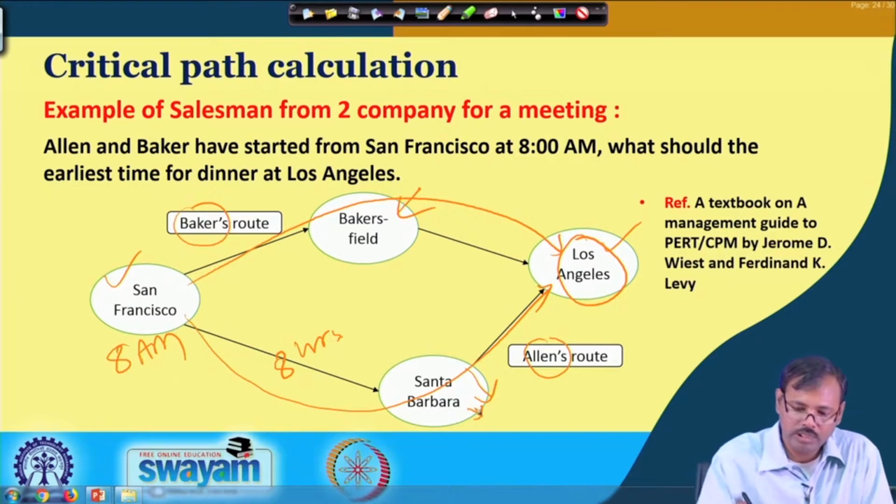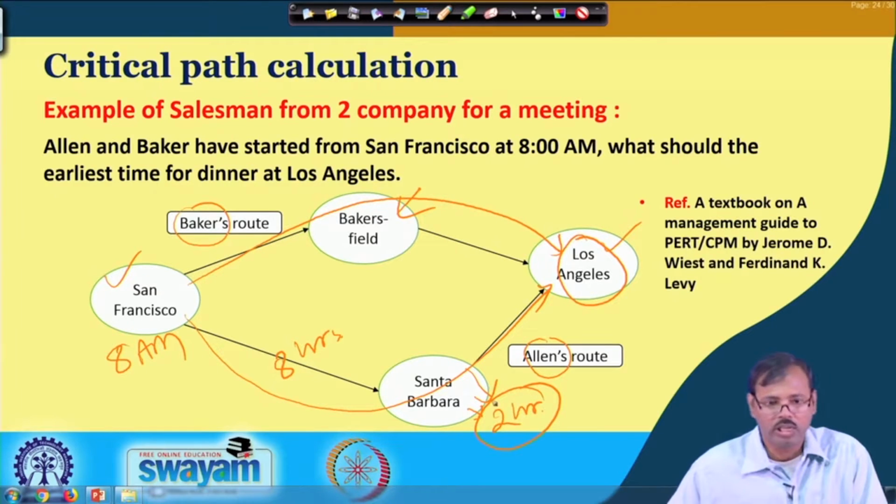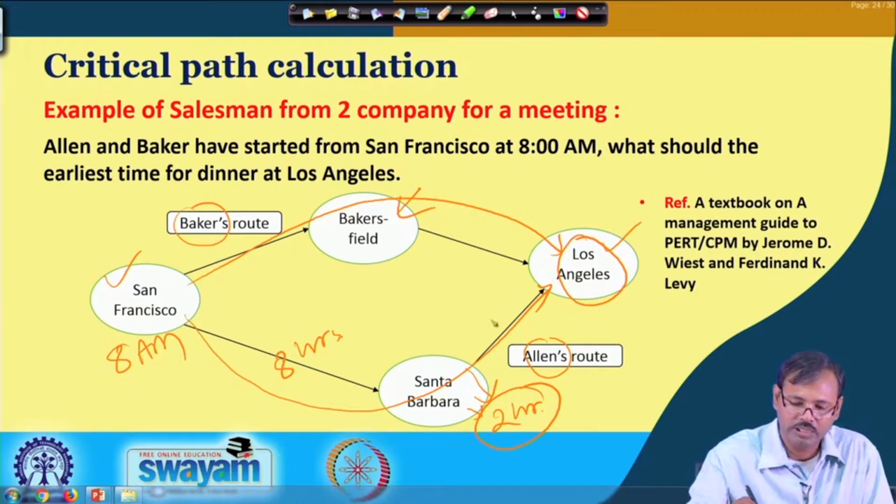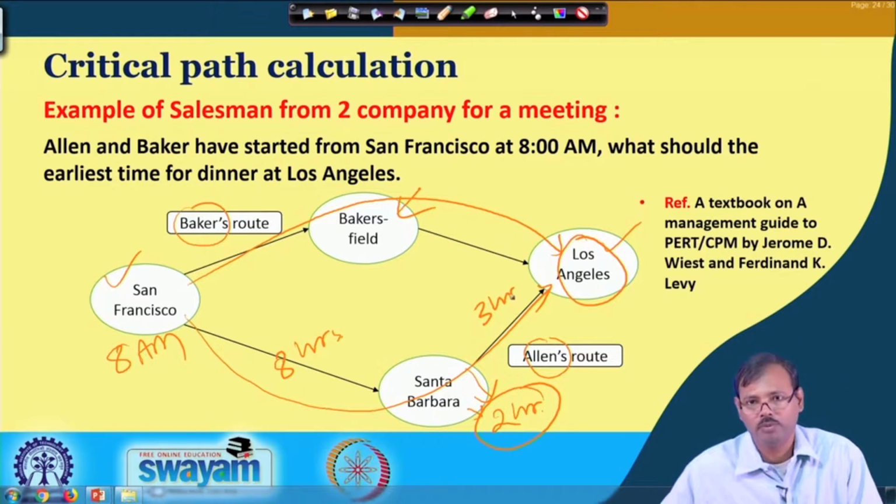He will take 2 hours at Santa Barbara to take lunch with his wife. Then from Santa Barbara he has to reach Los Angeles with 3 hours of driving time, where there is a fixed position in which Allen will meet Becker.